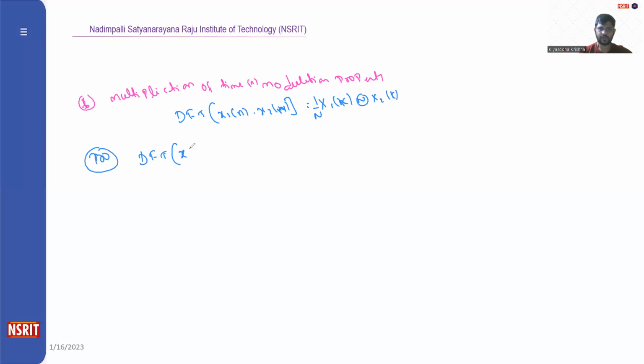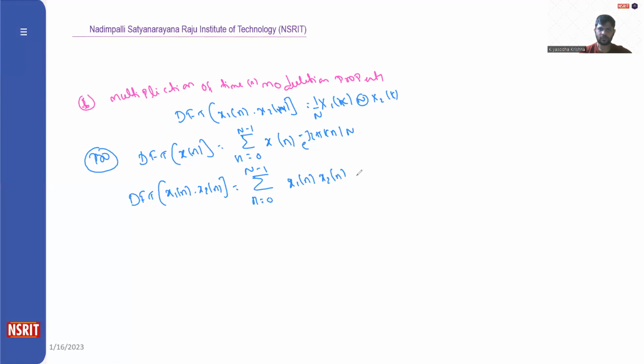While proving the property, X of k is nothing but a summation n equal to 0 to n minus 1, we can take the x of n e to the power of minus j 2 pi k n by n. Just I need the DFT of x1 of n into x2 of n. So that is nothing but a summation n equal to 0 to n minus 1 x1 of n x2 of n e to the power of minus j 2 pi k n by n.